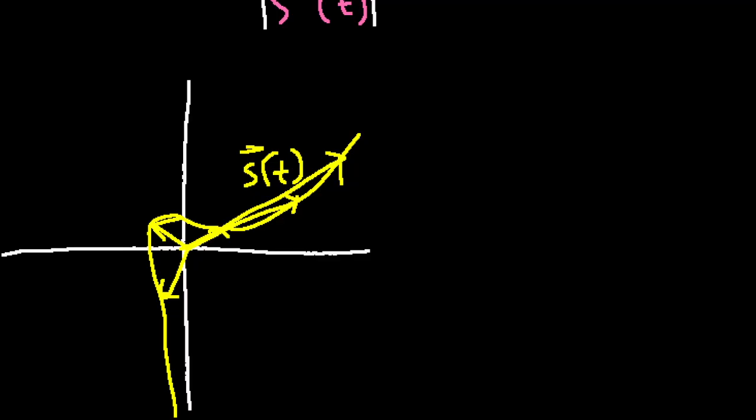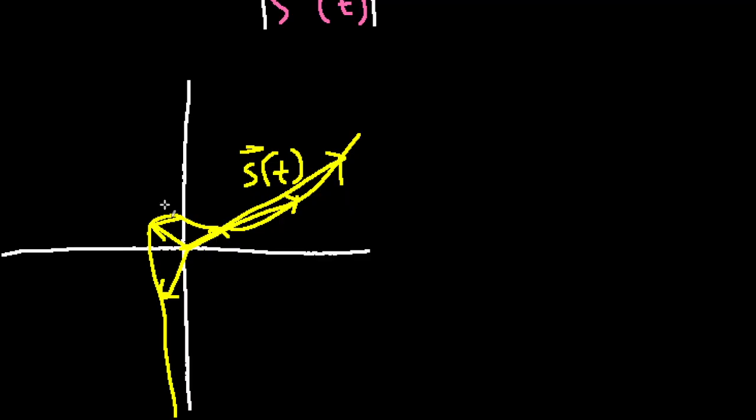Now, what we're going to do is we're going to think about how much you're turning when going along this curve. So, for example, let's go ahead and use another color. I haven't used this purple before. Okay.